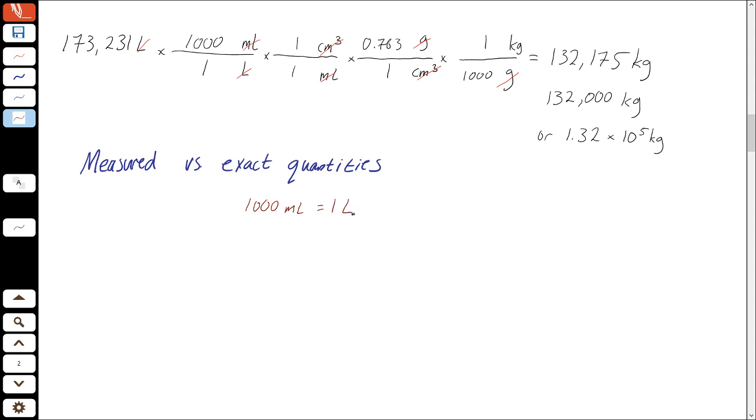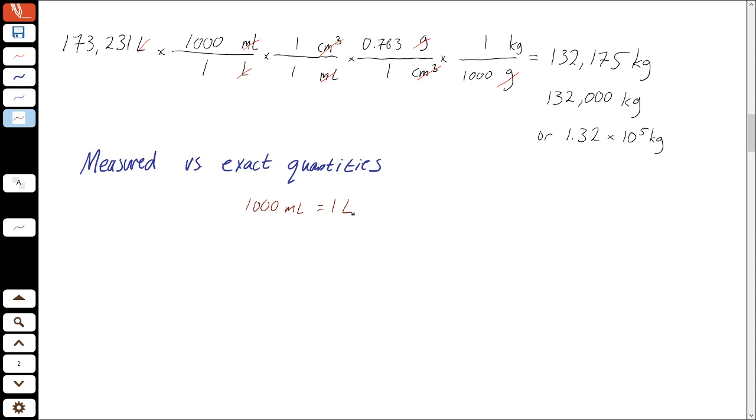There are exactly 1,000 milliliters in a liter by definition. Not 1,000.0 or 1,000.00 or whatever, exactly 1,000. So that means that exact numbers like that have infinite significant figures. You can assume there is as much significance as you want because they are exact. They're a count, they're a definition.